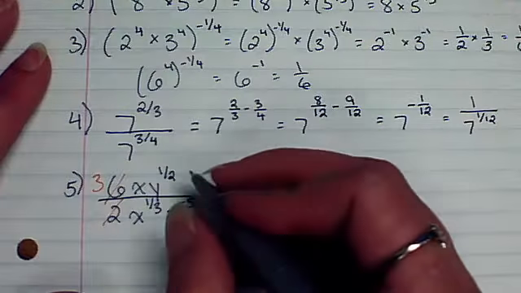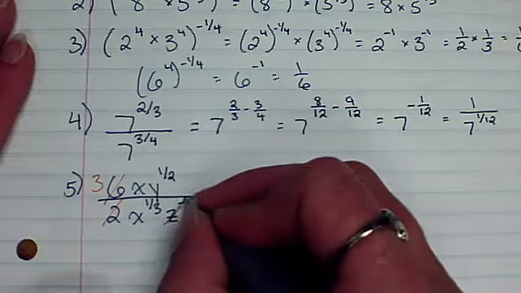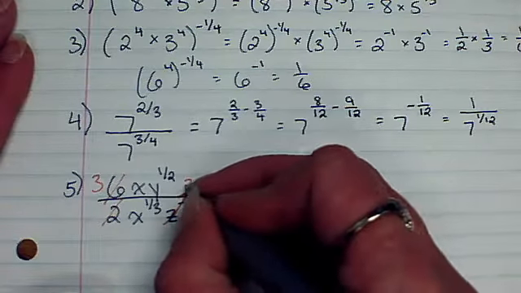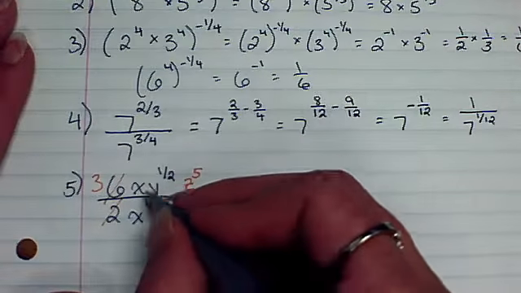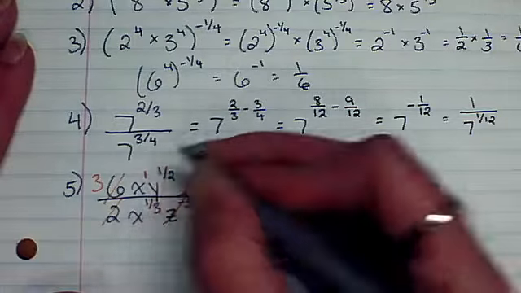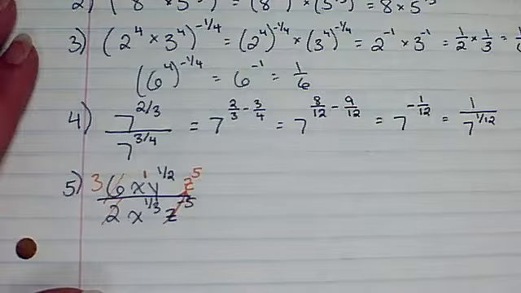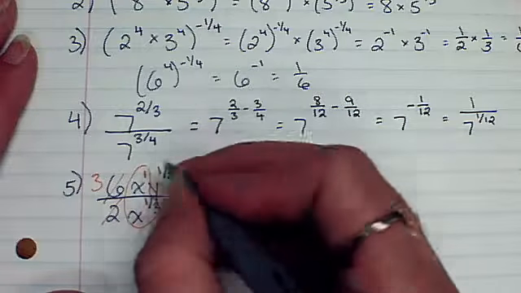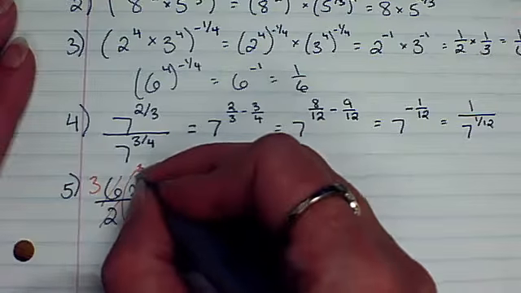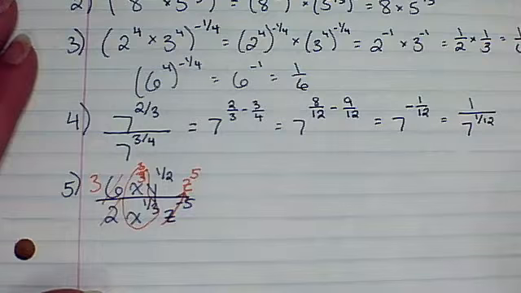Negative exponents: a negative exponent moves to the top and becomes positive. This x by itself, that's really just a 1, right? Or could I write it as 3/3? Would that be okay?